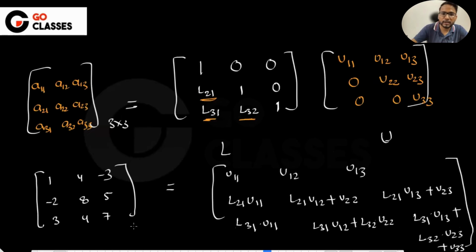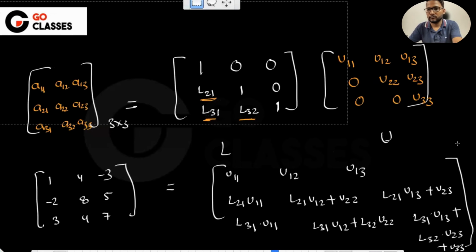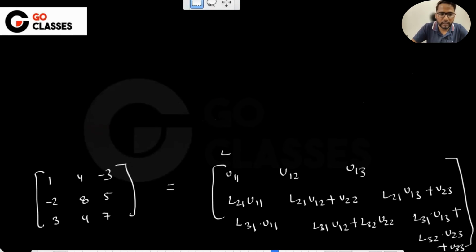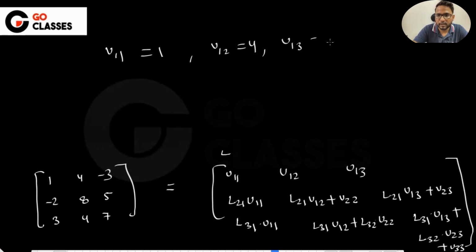I think it will be a bit long, but anyway, let's just do it quickly. So now, let me erase this. Can you tell me U11? U11 will be straightforward. It is 1. U12 is 4. U13 is minus 3.